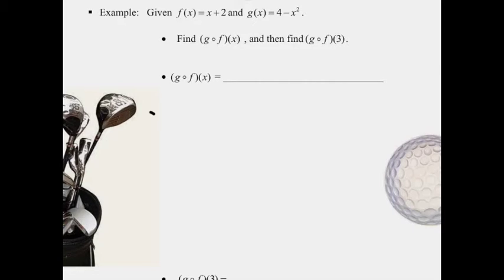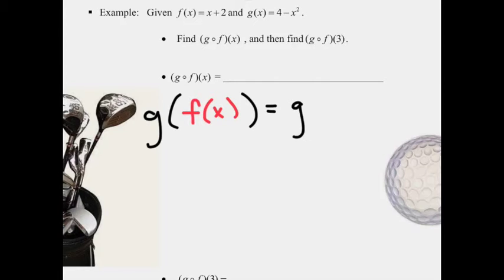So, g of f of x looks like the f of x function nested inside of g of x. So when I do g of, the f of x function is x plus 2, I will replace that there. And then I'm going to evaluate the g of x function here with x being x plus 2.